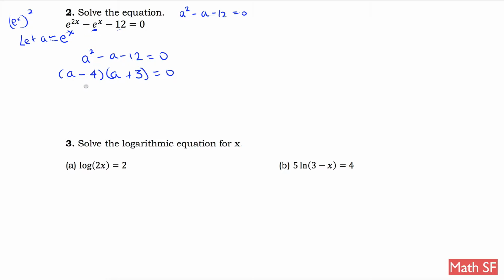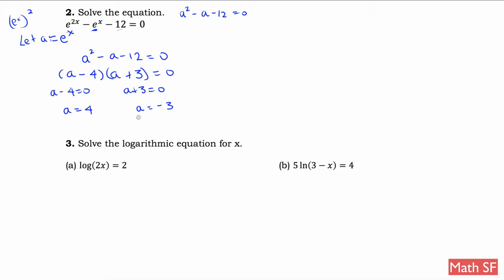If this product is equal to 0, then a minus 4 equals 0, and a plus 3 equals 0. Now solving for a, you will get a equals 4, and a equals negative 3. So these are my possible solutions.